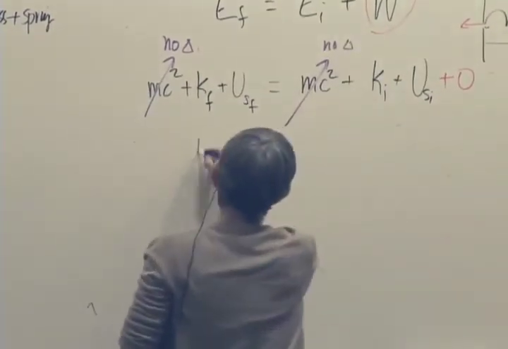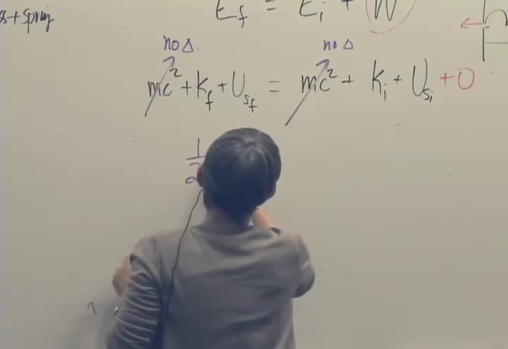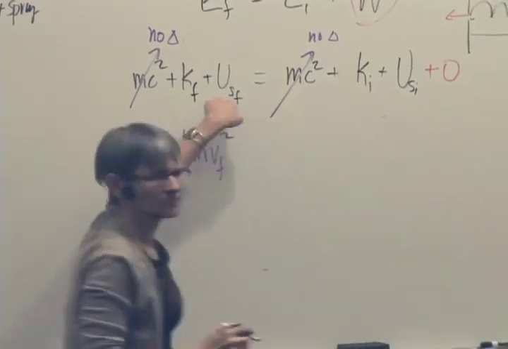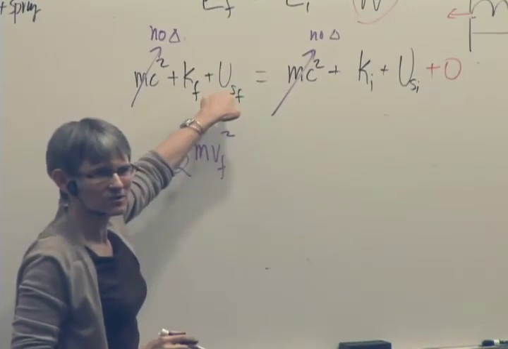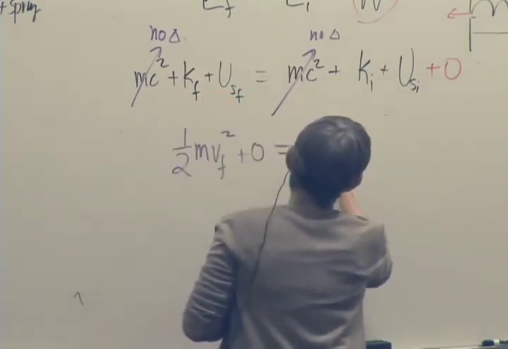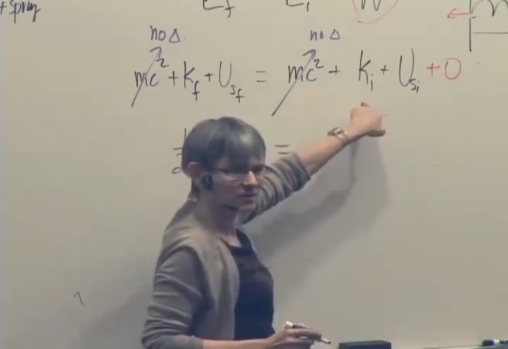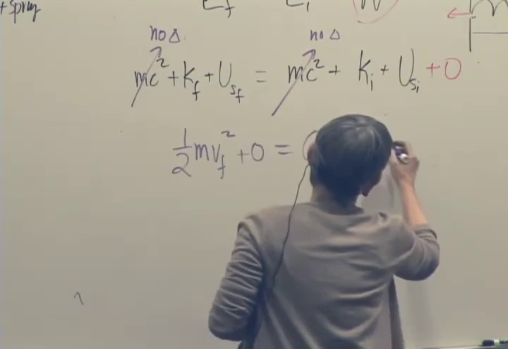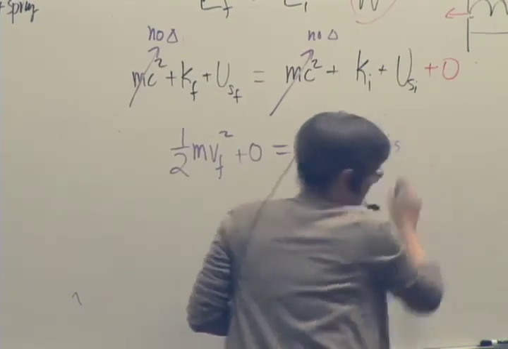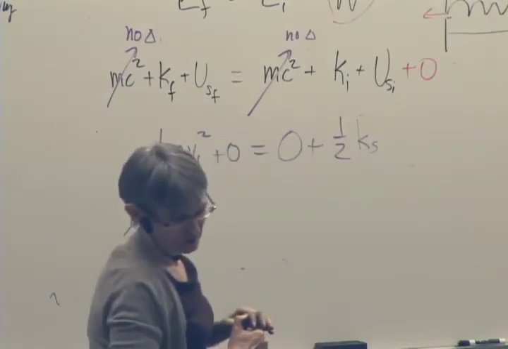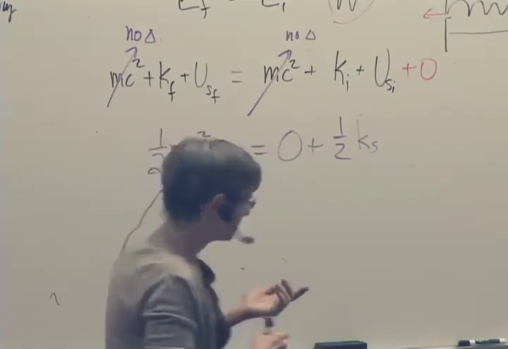So we have a half m v final squared plus, what's the final spring potential energy? 0. And what was the initial kinetic energy? Okay, this was an easy problem. Plus a half K sub s. And what was the initial stretch here? 0.04.